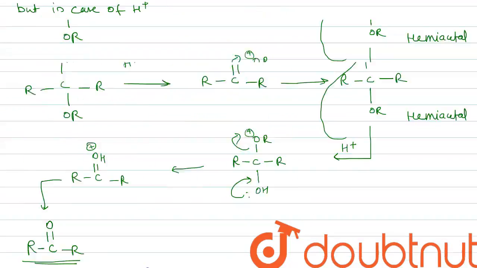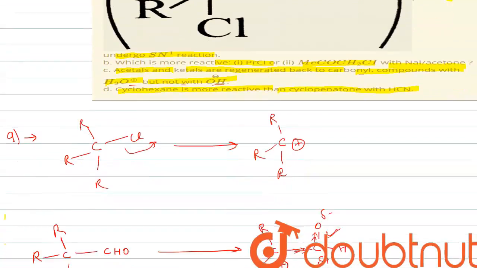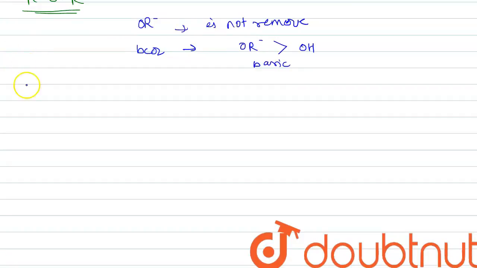So our next question is, cyclohexanone is more reactive than cyclopentanone with HCN. Let's understand question D. Cyclopentanone, here is cyclopentanone, with hydrogen, hydrogen, hydrogen, hydrogen.